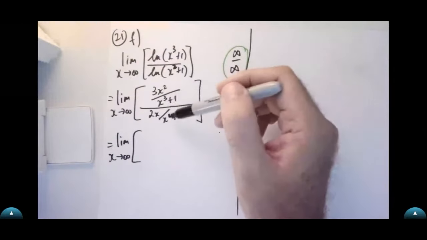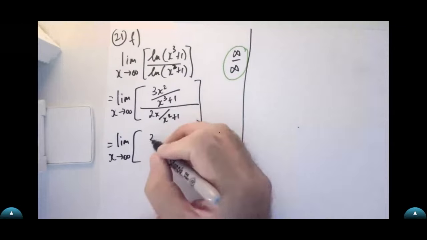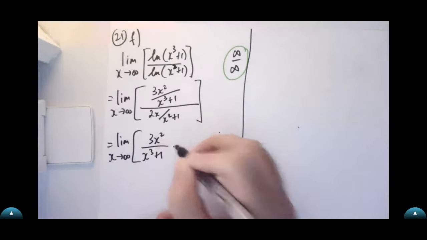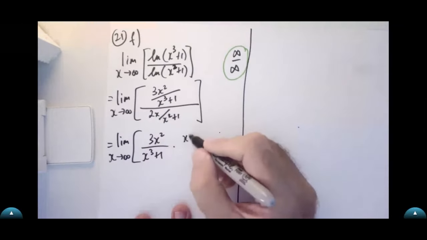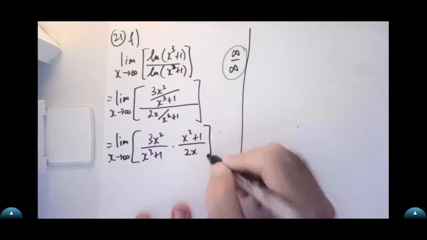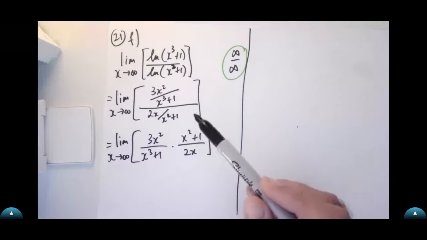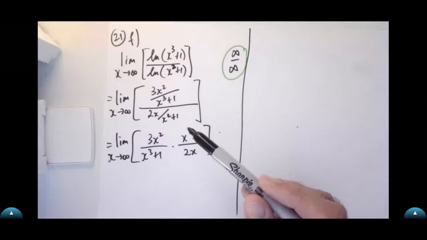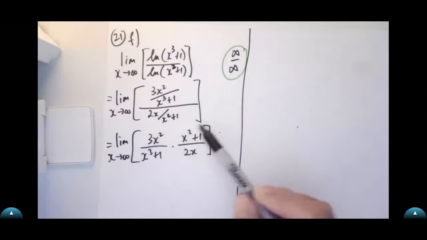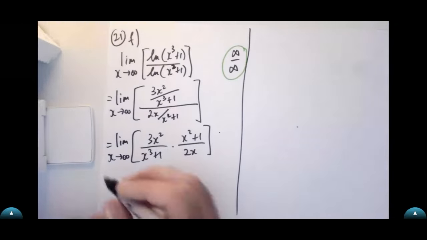So I'm going to flip and multiply. So one way of writing it is like this, and I'm going to invert that. And you can kind of see what's going to happen now, right? You're going to get an x to the power 4 down here, an x to the power 4, and you have a 3 on 2. That's where your 3 on 2 is going to come from.